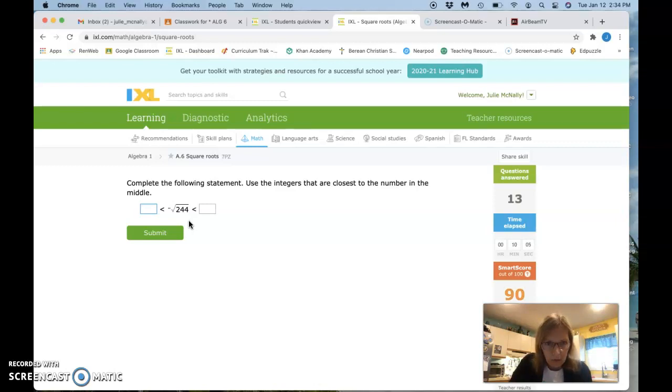Use the integers that are closest to the number. So if the actual square root is 15.6, and this is negative, so it's a little bit more tricky, negative 15.6. That means my answer is between negative 16 and negative 15, because it falls between negative 15 and negative 16.